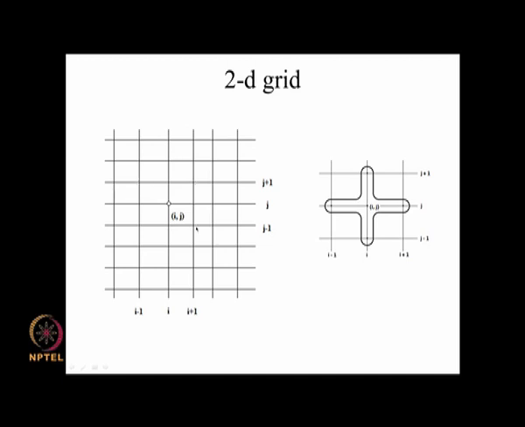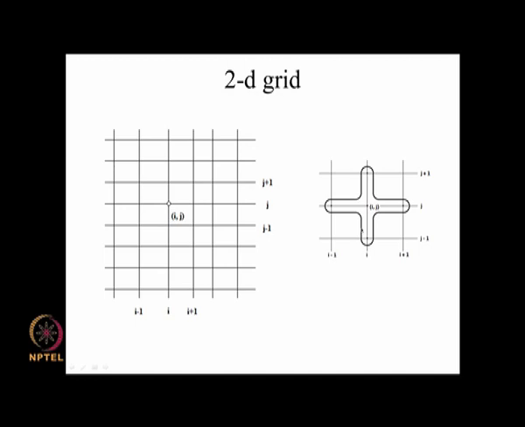So the 4 corner points are being used to evaluate this function, whereas when we had dou square u by dou x square or dou square u by dou y square, we make use of only these immediate neighbors here, not the corner points.